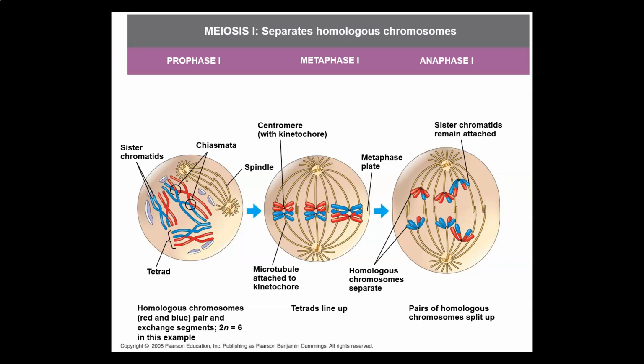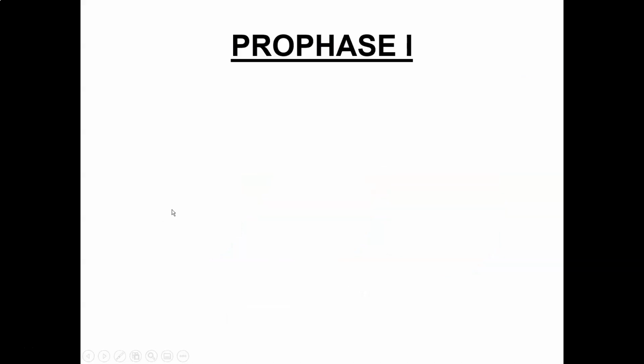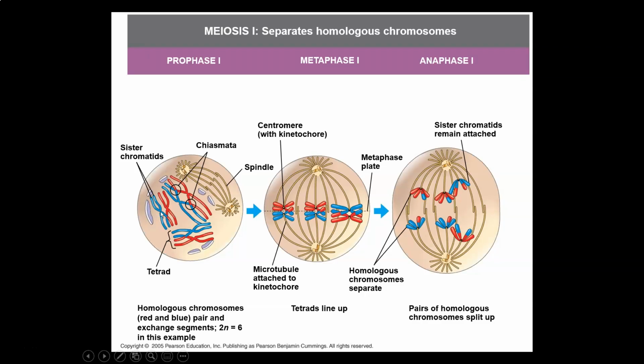Okay, now here are 2 things that happen that do not happen in mitosis. The homologous chromosomes find each other. They synapse with each other, that's what it's called. So they come together and synapse. So here we see 3 homologous pairs that have synapsed.